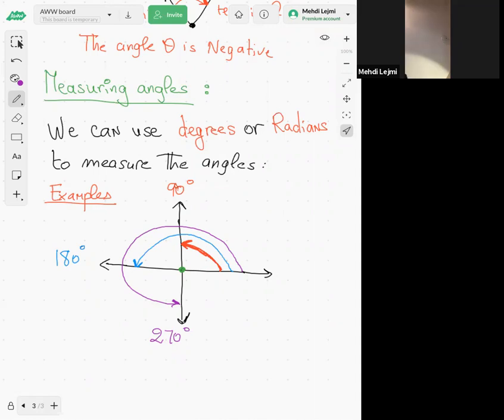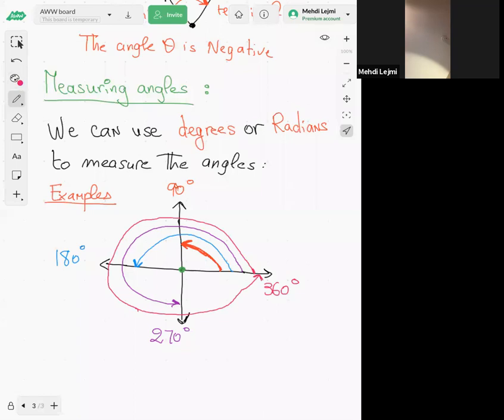All right, guys, so I was saying. If you do a full rotation, then you would have 360 degrees, right? If you start from this initial side and you end up at the same side, that will be 360 degrees.